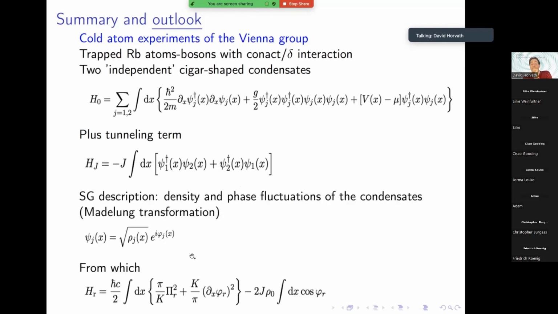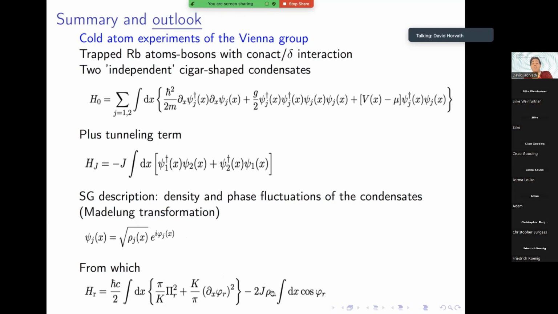If you only focus on the small density fluctuation of your bosonic field and your phase fluctuation, in other words, you perform this Madelung-like transformation, then it's very easy to see that if you introduce the relative coordinates for these variables, for the phase and density fluctuation variables, then for the relative coordinates you will get a sine-Gordon Hamiltonian, and this cosine term, cosine phi for the relative field, comes from this term.